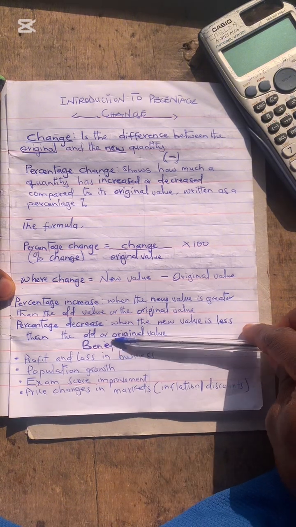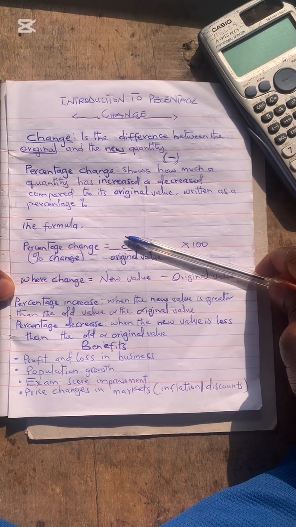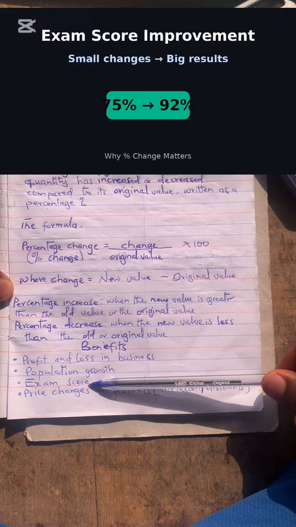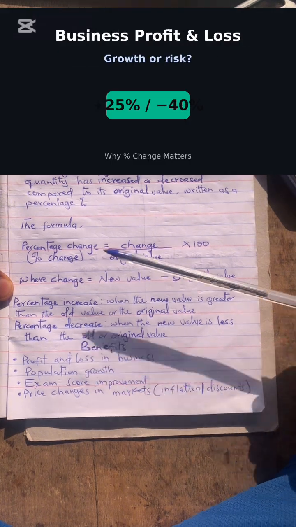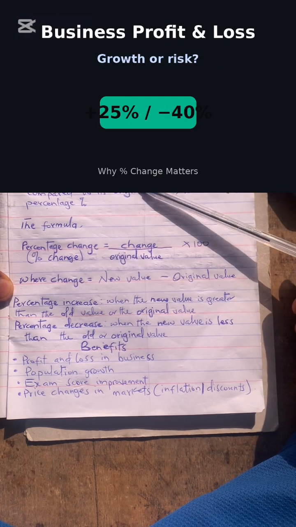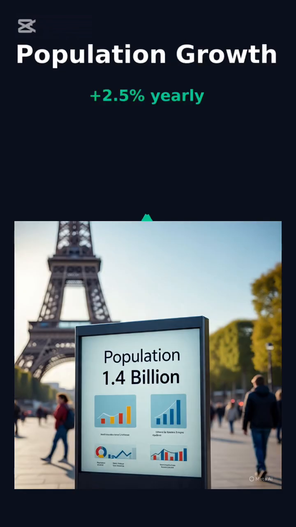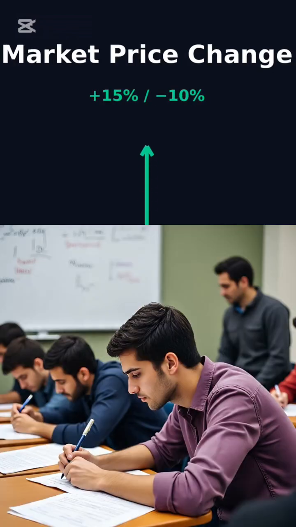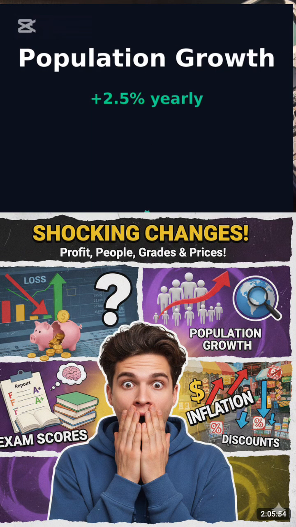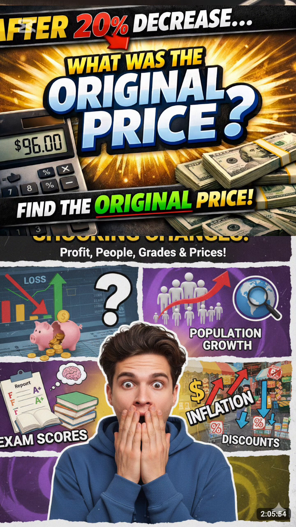So the benefits of studying all this and knowing the formula to solve real life problems are what I have listed here. Indeed, your future self will thank you for watching this video to the end. In fact, this will help you in making right, sensible choices in determining profits and loss in businesses, population growth of a country or a society, exam score improvement of your child or yourself, and price changes in markets as in inflation and discounts.